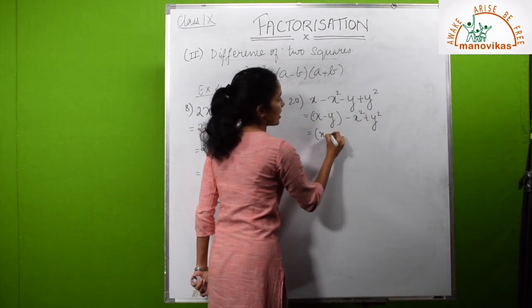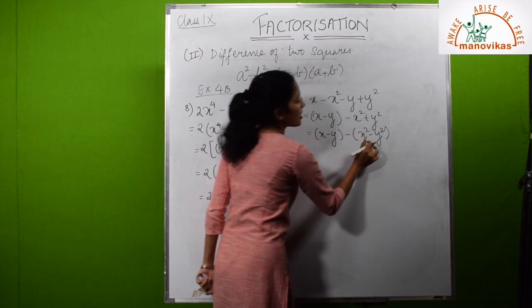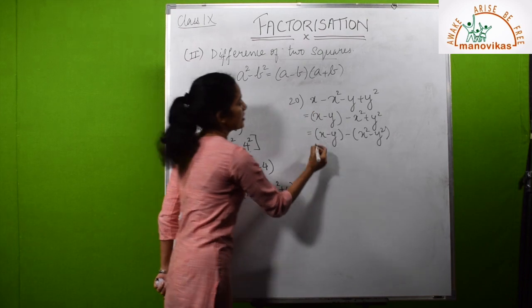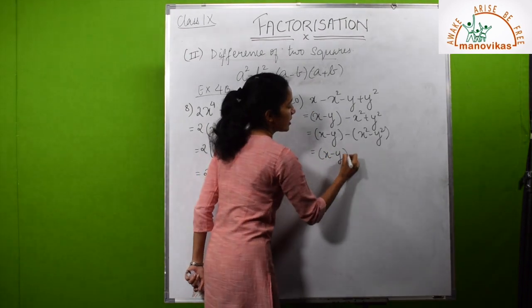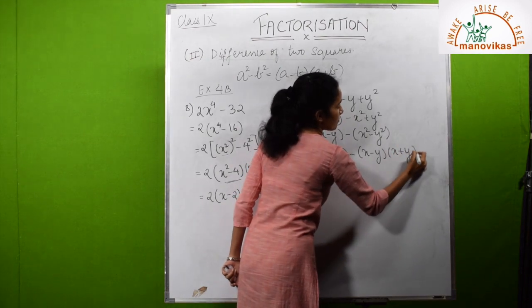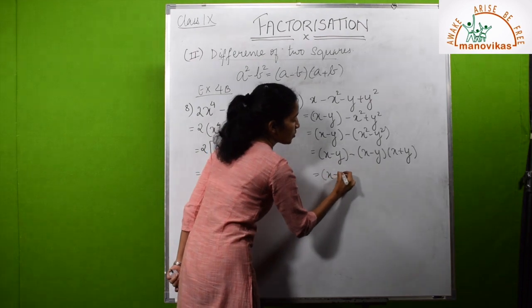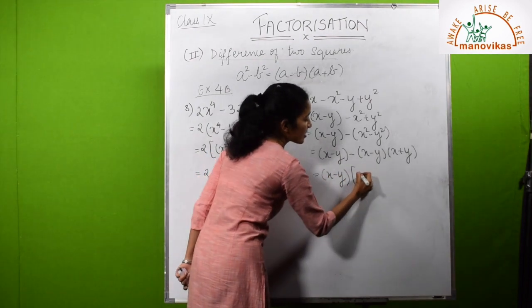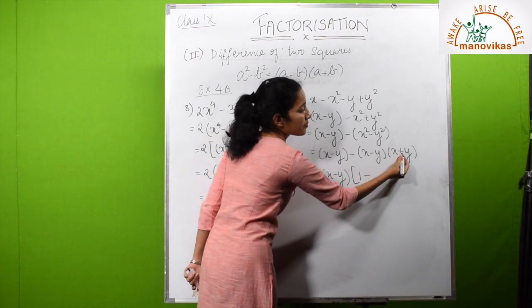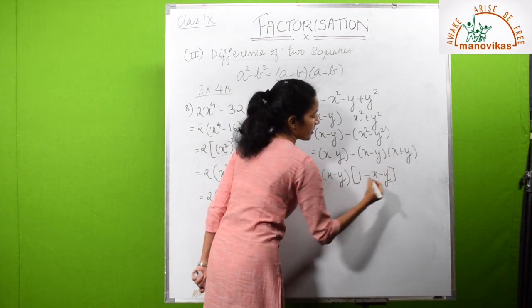Taking out a negative sign, I have x squared minus y squared. And now using the identity, this will be x minus y, x minus y, x plus y. Now you take a common factor, that is x minus y is the common factor. So what remains is 1 minus x plus y, which when I multiply inside I get x minus y.